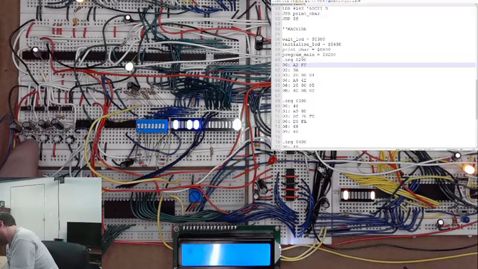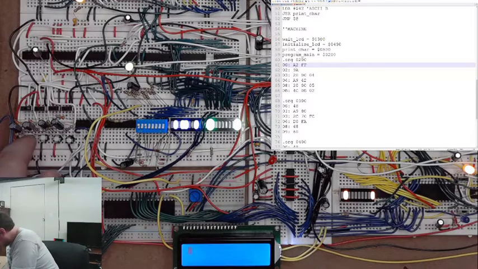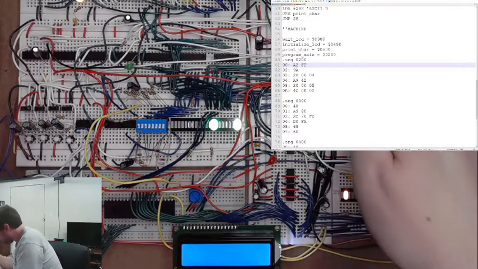Okay. Yep, that all works. Then we need to go to 9A. Is 320? It is. That didn't seem to work. Hold on.